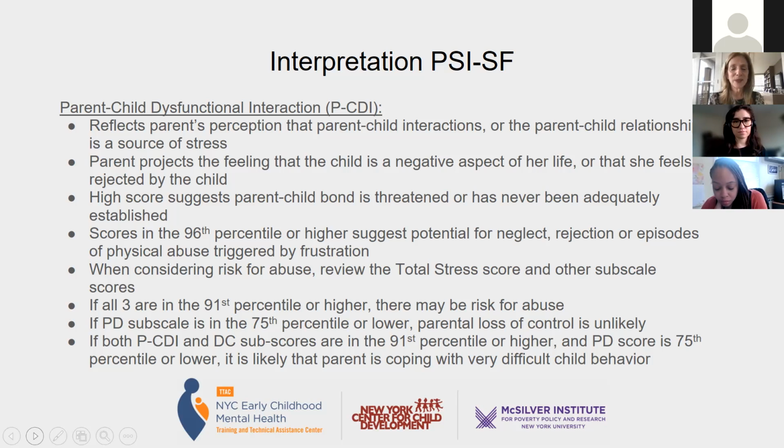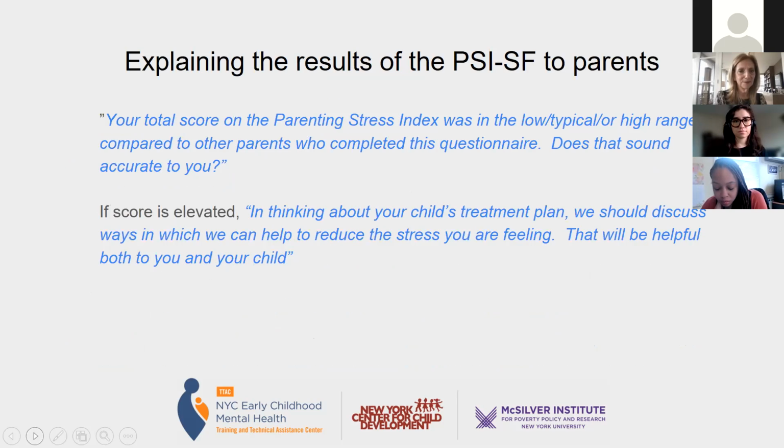Pattern of strengths and weaknesses. Okay, and again, checking in with the parent about their total score probably is sufficient. I don't think we have to go into all the subscale scores unless you're struck by a difficult child score and you want to provide some validation to parents about the fact that this child's behavior may be a lot more difficult than other children.